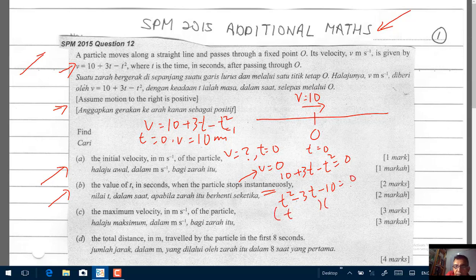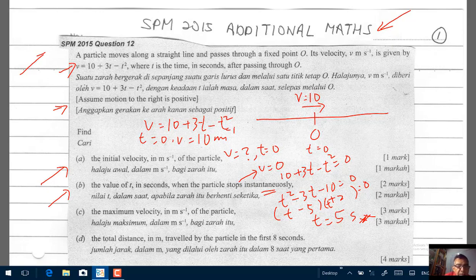Let's factorize it. I have a 5 and a 2 here. I have (t minus 5)(t plus 2). Therefore, t can't be negative, so t equals 5 seconds. So the correct answer for B will be 5 seconds.